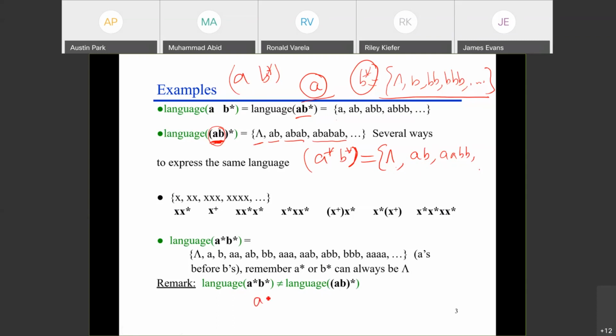A* is lambda, A, AA, and so on. What is B*? Lambda, B, BB, BBB, and so on. So we might pick lambda from here and A from here, concatenate, lambda vanishes, and we have only A here. Yes, so it is possible that we have only A in this language. Can we have only B here? Yes, we might pick lambda from here and B from here and concatenate, and lambda vanishes, and we have only B here.